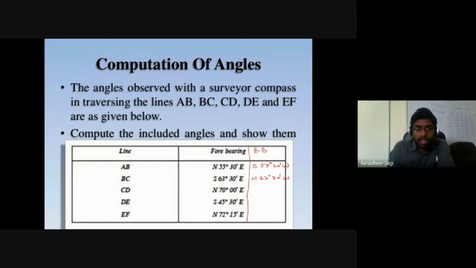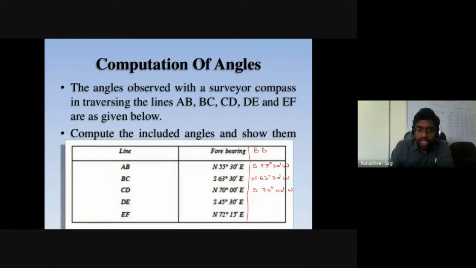Next, four bearing of line CD is north 70 degrees towards east. So the back bearing is north replaced with south, angle is the same 70 degrees, and the 0 minutes I can eliminate, I need not specifically represent it, or I can even represent it, doesn't matter. And east is replaced with west. Next, four bearing of line DE is given.